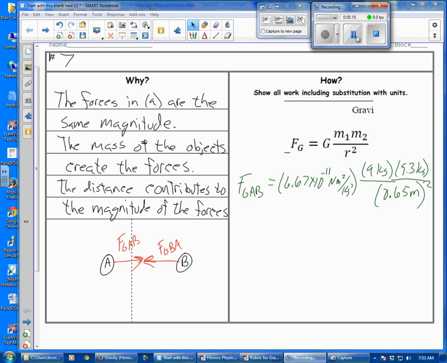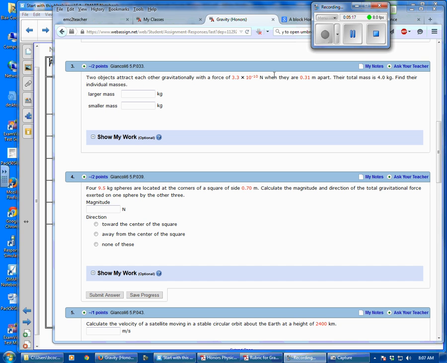I forgot. All right, so we're going to jump into number 3. Again, we do have forces, and the why here is very similar to the last one we just did. You know that their masses create this gravitational attraction between them.